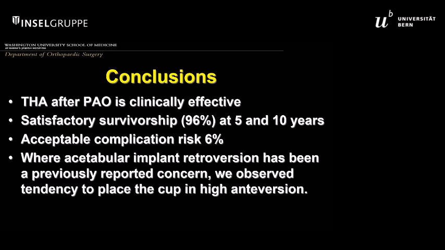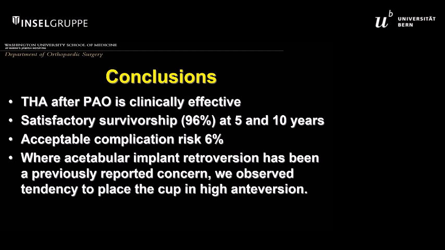So in conclusion, THA after PAO is clinically effective. The survivorship is satisfactory at 96% at 5, 10, and 15 years. There's an acceptable complication risk of 6%. And the most important is we want to place that acetabulum carefully, understand the anatomy preoperatively, and make sure we avoid retroversion of the acetabular component.